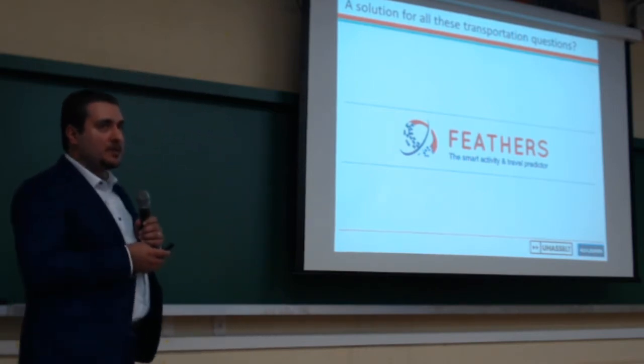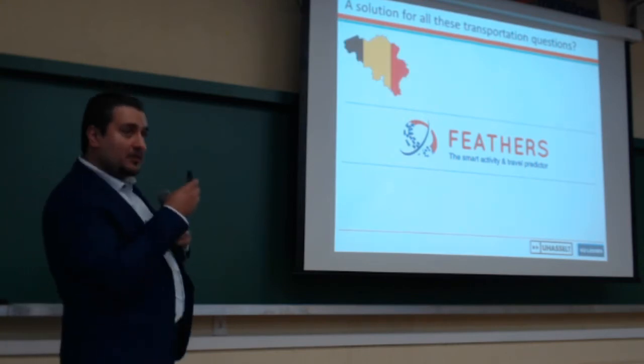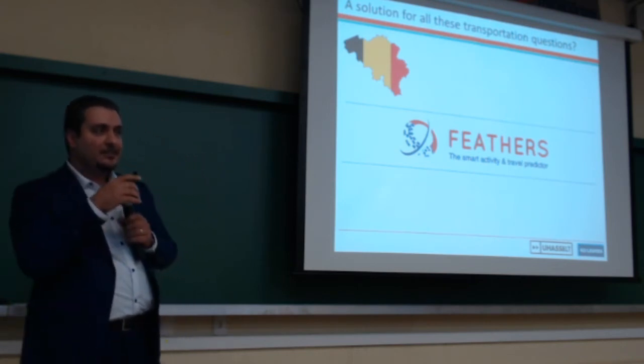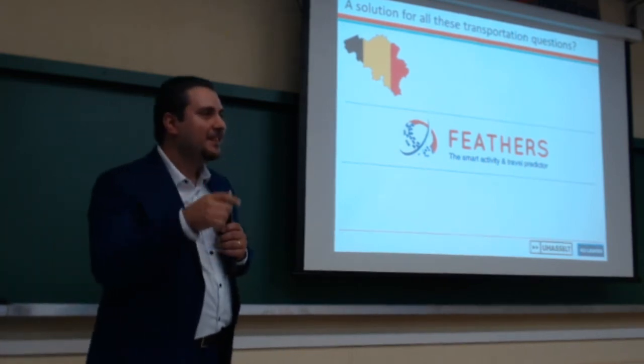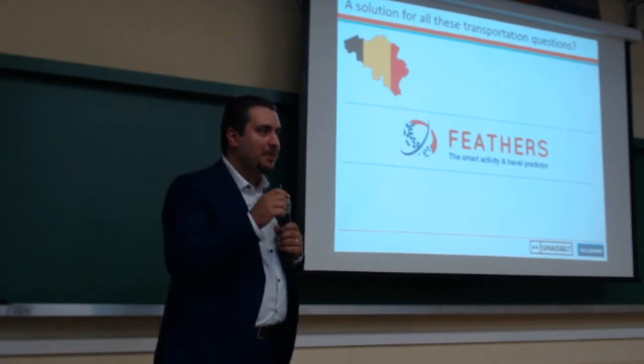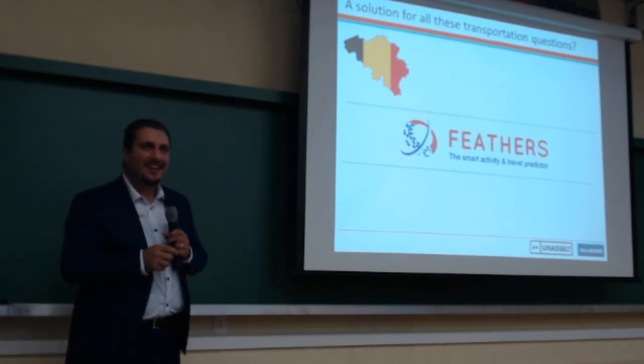This platform has been implemented in Belgium. This is the map of Belgium, because it's not advised to use the map of Flanders only and put the flag, because it's a very tricky issue.